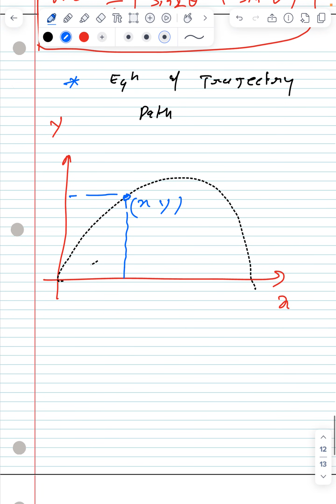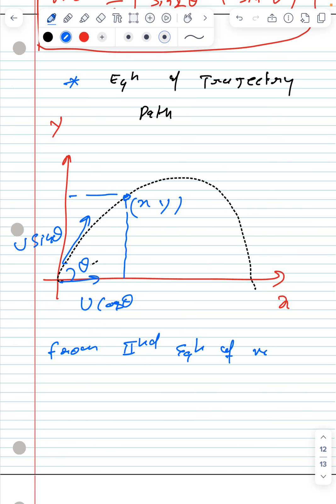Suppose this is the y and x axis and the particle is projected like this. In this situation, if we want to calculate the coordinates of the object at this point, the x and y coordinates.